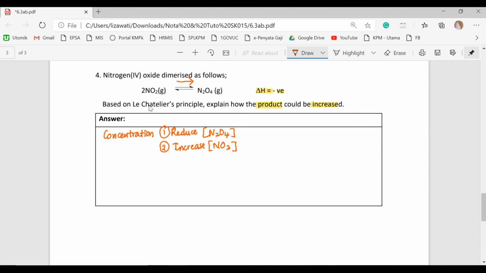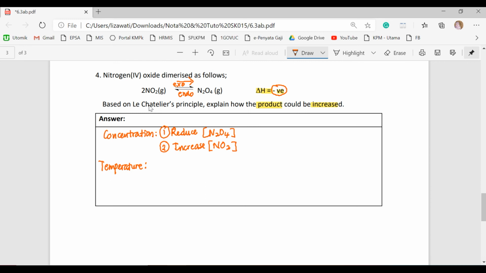Okay, next, in terms of temperature. We look at the delta H value here, which is negative. So the forward reaction is exothermic and the reverse reaction is endothermic. So the system should undergo the exothermic reaction in order to keep shifting to the right.